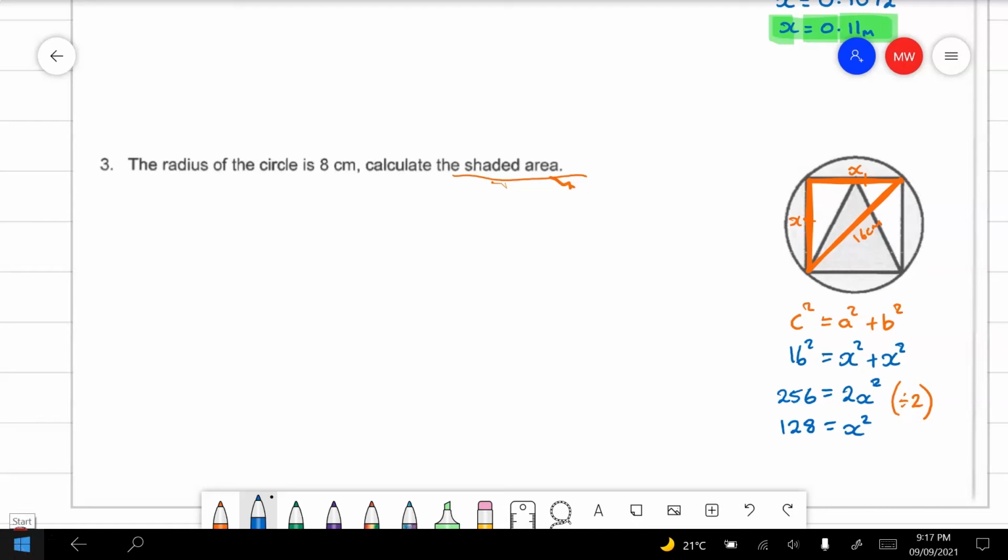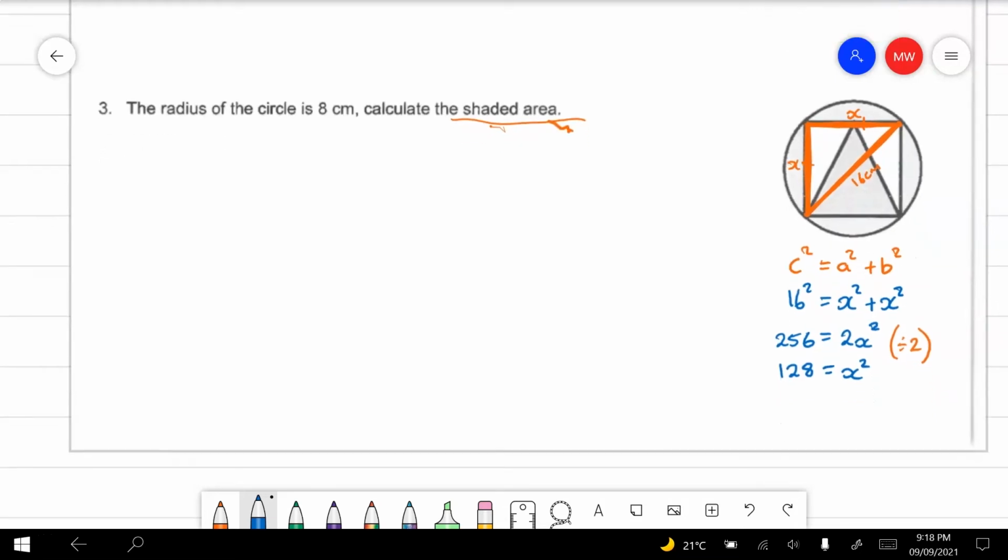Now, in this unique example, because the shape at the top is a square, and I'm trying to work out what half the square is, if I square root that, I'm only going to end up squaring it again anyway. I'm not sure if that's making sense, but remember that I've got a square that is x by x.